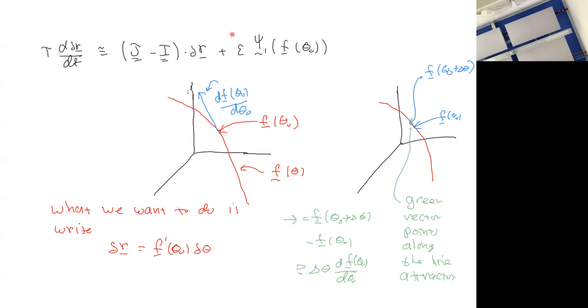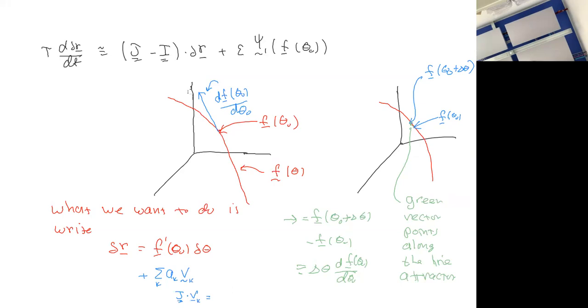So what we're going to do is pretty much what we did before, plus the sum on k of a_k v_k. And the v_k are the eigenvectors of J. So J dot v_k equals lambda_k v_k.